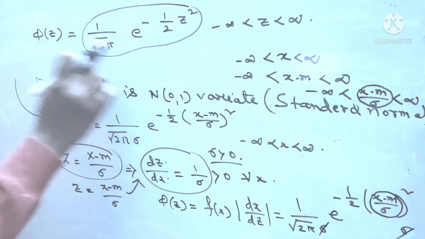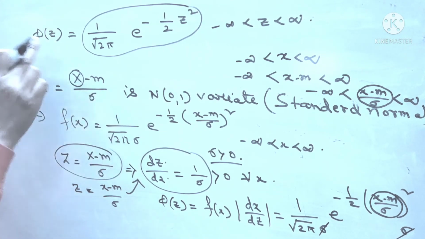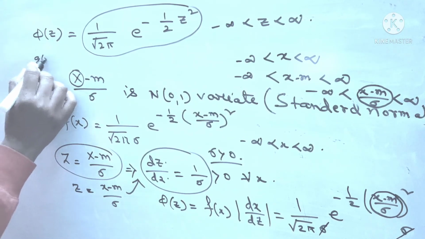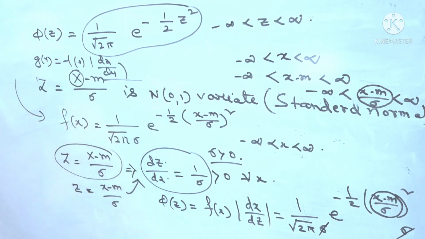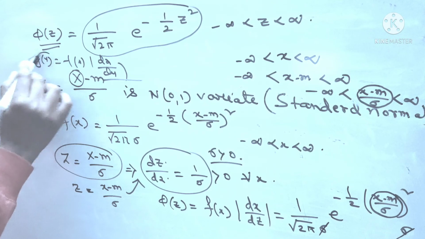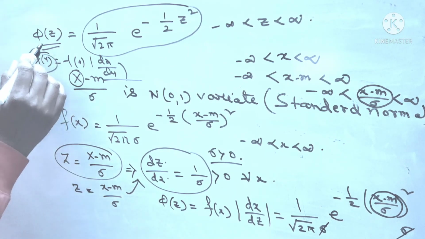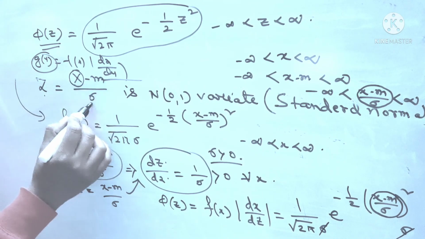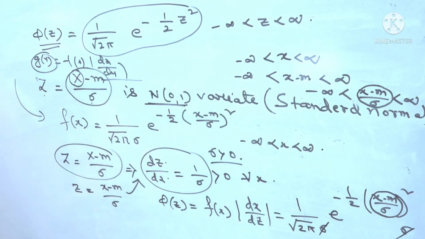For this reason, here we write phi of z in place of g of z, because in the formula we write g of y equal to f of x into mod of dx/dy, but here we write phi of z in place of g of y. Okay, so if capital X is normal(m, sigma), then capital Z, which is (x minus m) by sigma, by this transformation formula, is normal(0, 1), or a standard normal variable.